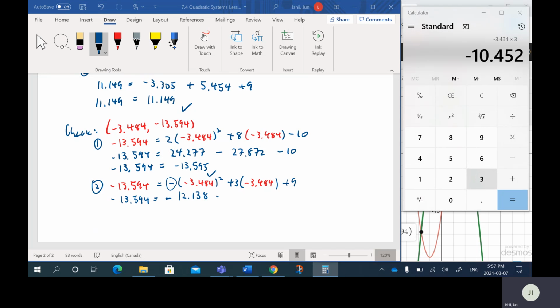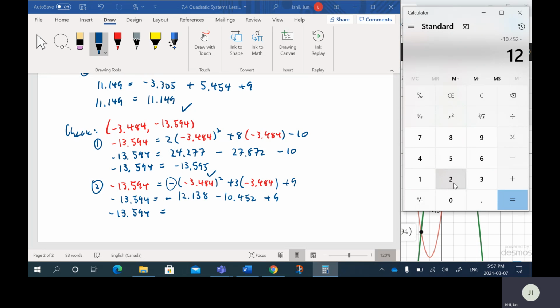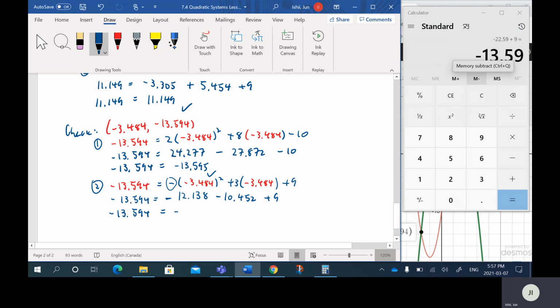All right, so this is negative 10.452, and then plus 9. All right, so let's see what we get here. So we have the negative 10.452 in the calculator, and there I'm going to minus 12.138, then I'm going to add 9. All right, so negative 13.59. All right, which again is pretty close there.